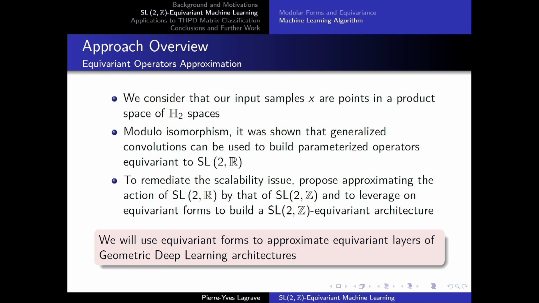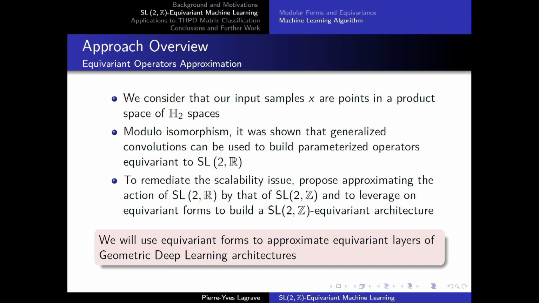However, this is not scalable. So on our side, we are going to propose two things. The first one, to make this approach scalable, is to approximate the action of SL2R by that of SL2Z. So this is not exactly what we wanted, but at least this is something.